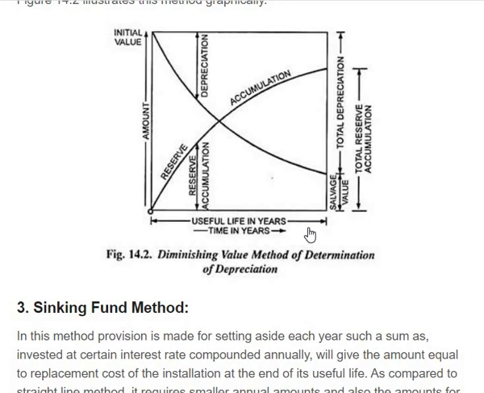This depreciation method is represented with the help of the graph in front of us. The diminishing value method of determining depreciation is presented by a simple graph, where the time in years is represented on the x-axis and the amount of depreciation on the y-axis, like the straight line method.